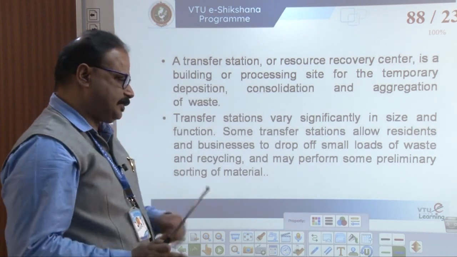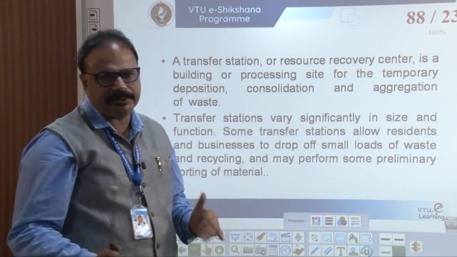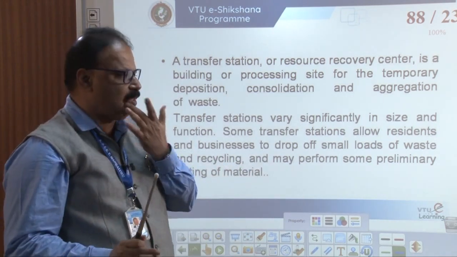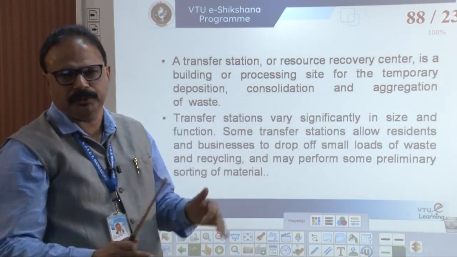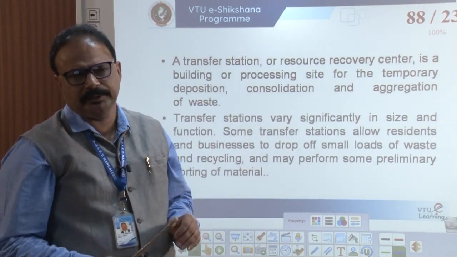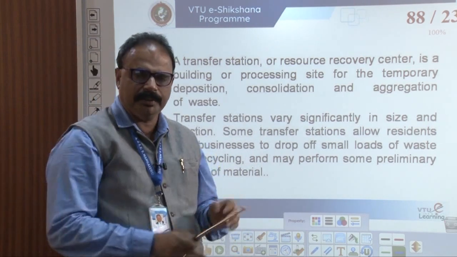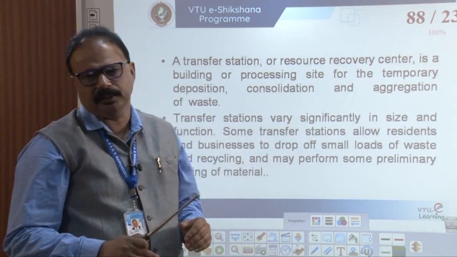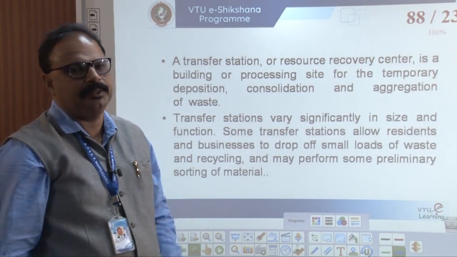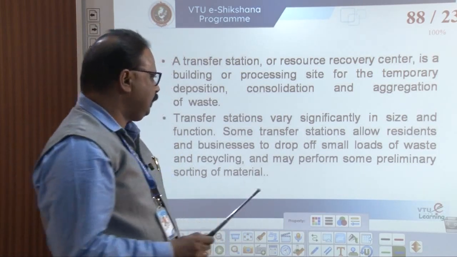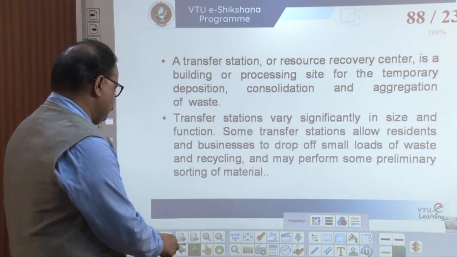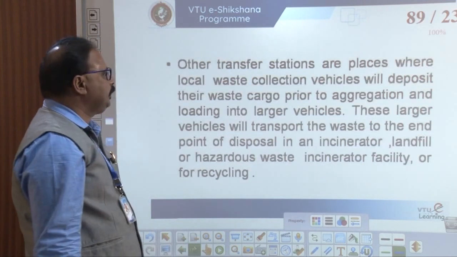Segregation is done, and different materials are given to different vendors. This also becomes a business center, as they get the profit from that. This is very important for the transfer station.